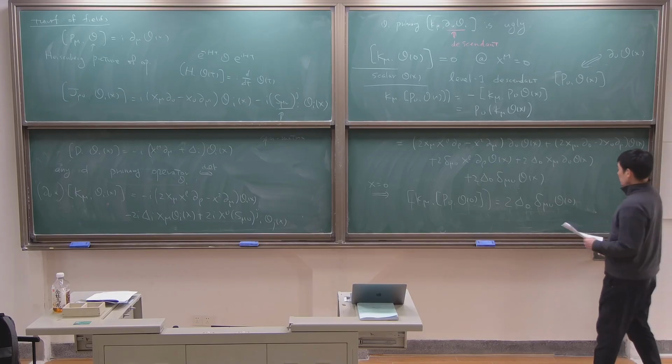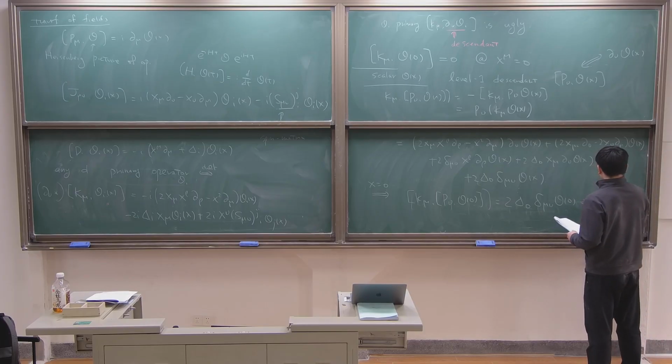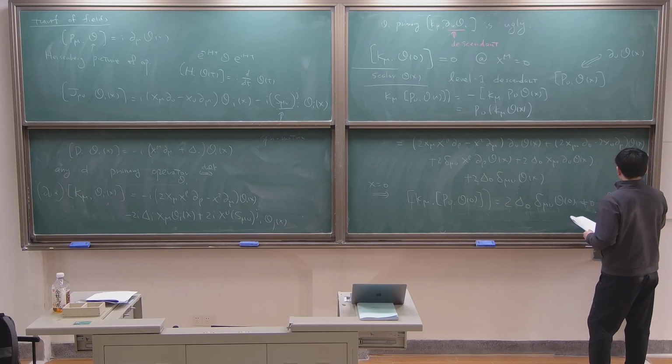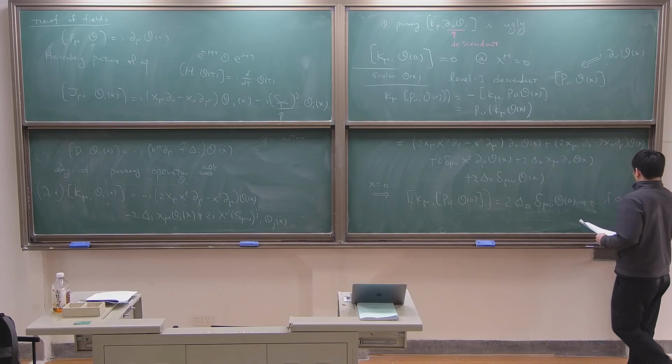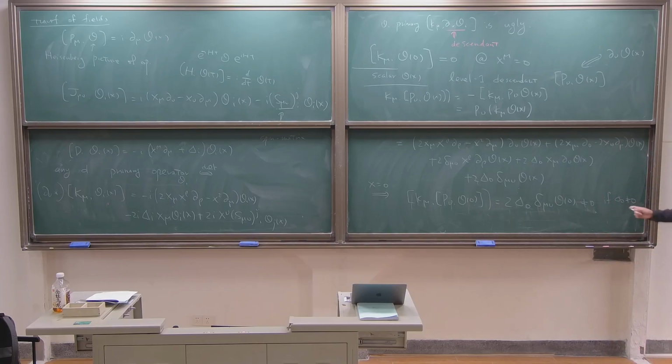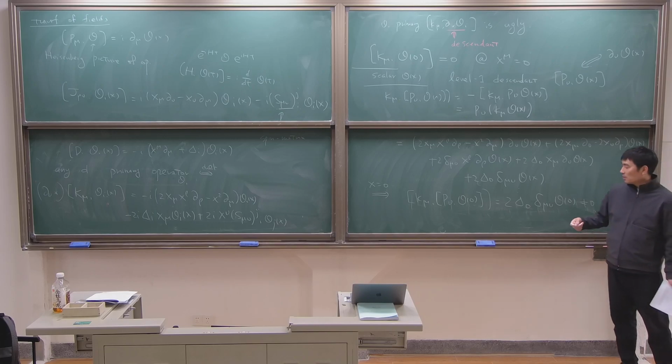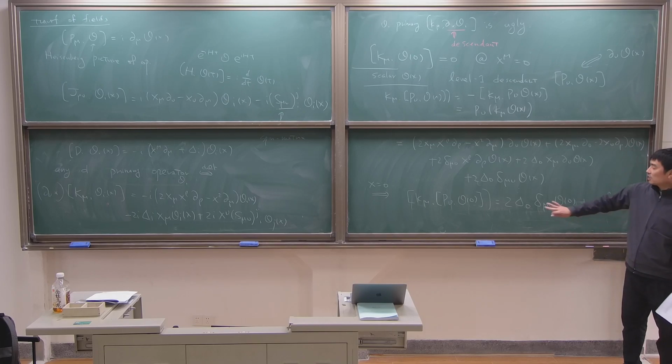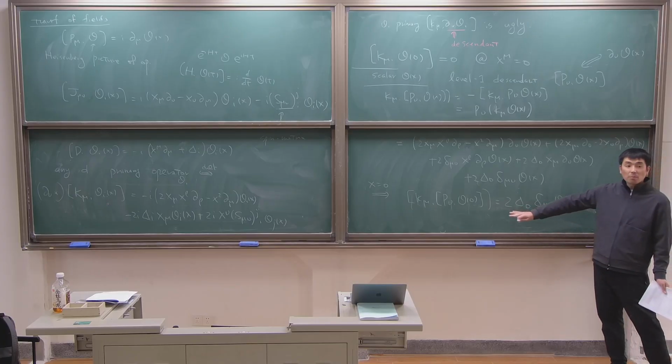So this is non-zero if delta 0 is non-zero. And as we will see, delta 0 essentially corresponds to the vacuum. So this is the way to see that this is not a primary state.